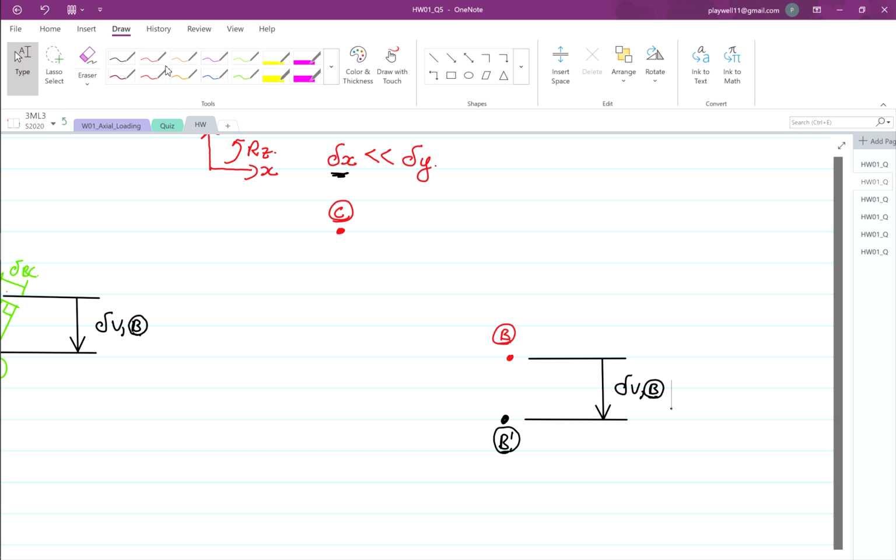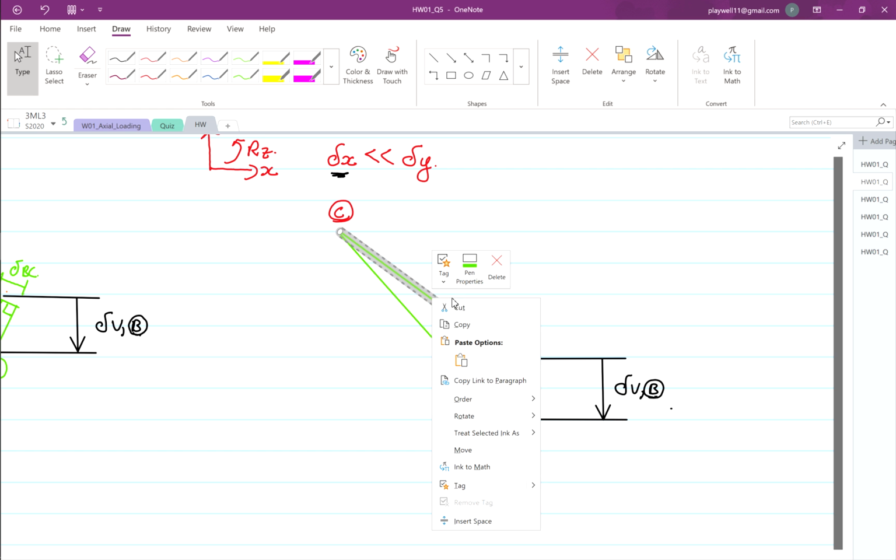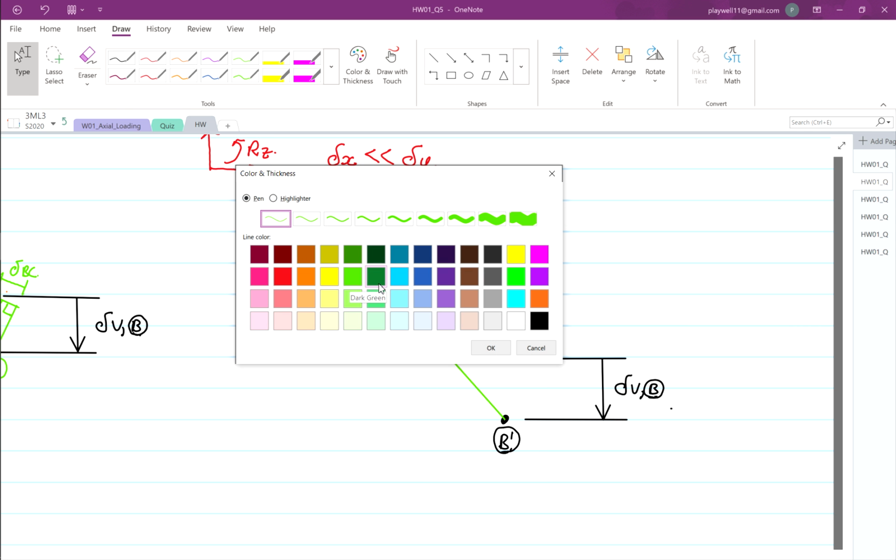So this is one of our beam before loading, and then after loading, it became longer. So this is after loading. I'm going to change this to a different color.